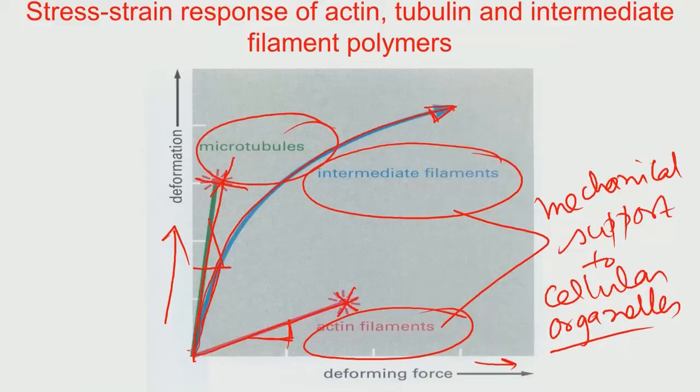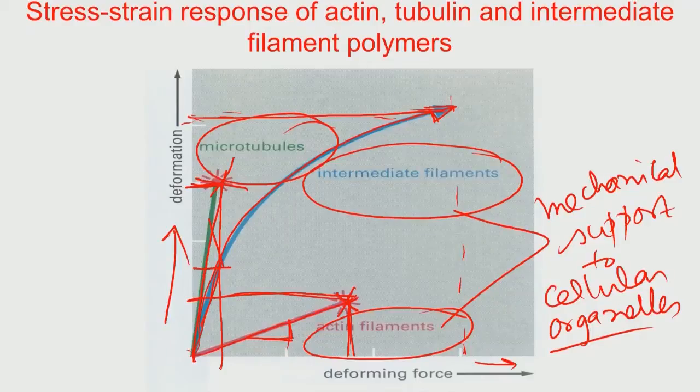Also, intermediate filaments can sustain both a large force magnitude as well as larger deformation. Whereas actin filaments, although force wise they are second, that is the maximum force they can sustain, strain wise or deformation wise it is much smaller than intermediate filaments. Whereas microtubules can sustain larger strain, but at an extremely small force.